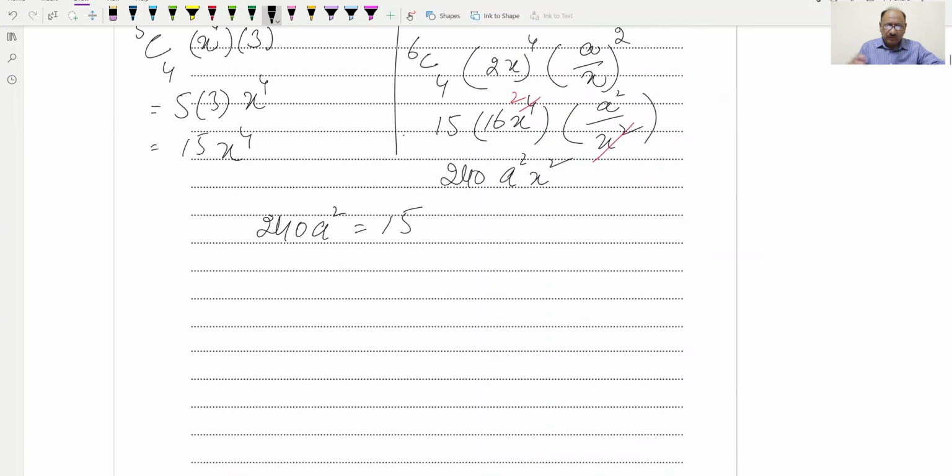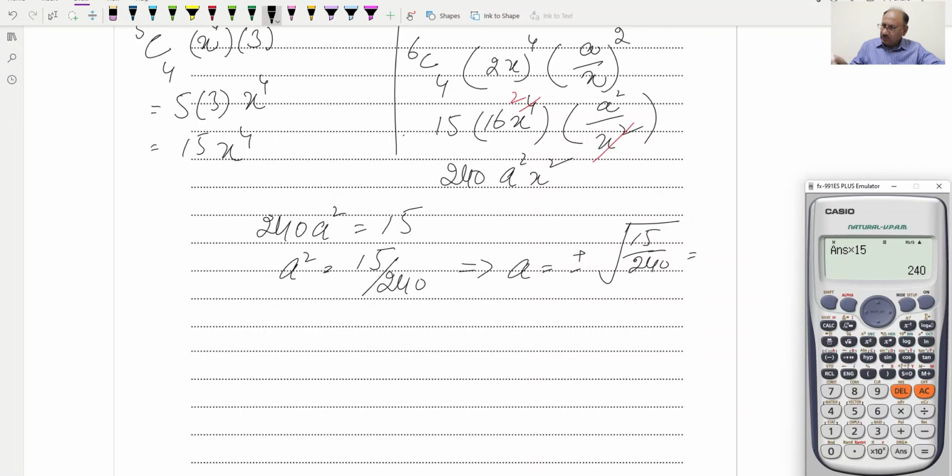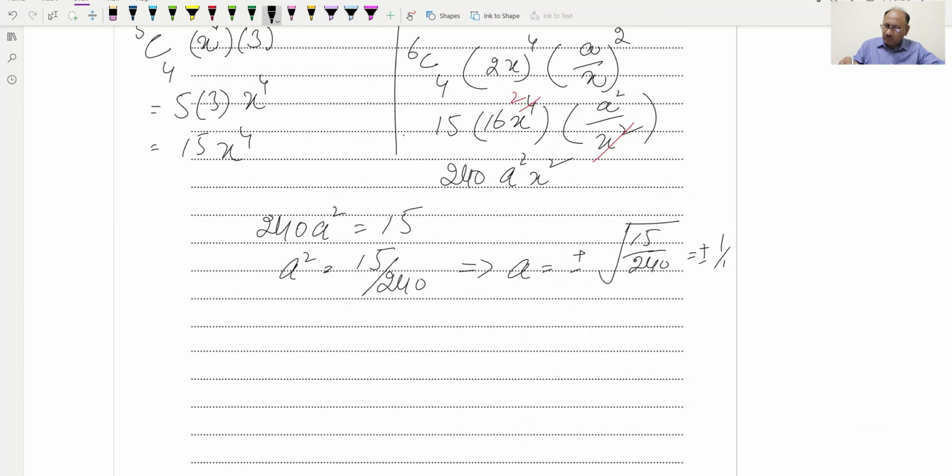So a^2 will be equal to 15 over 240, which implies a is equal to plus minus the square root of 15 over 240, which is plus minus 1 over 4.